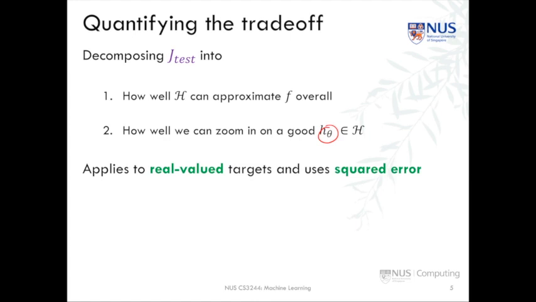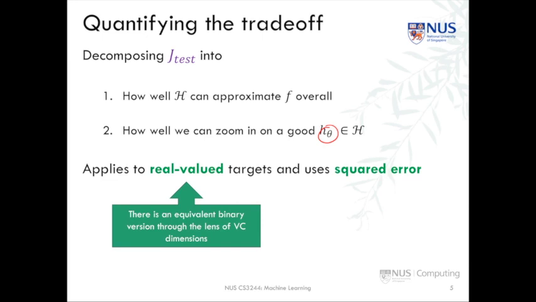Now, this analysis applies to real value targets, and to make the mathematical notation easier, it uses squared error. It doesn't directly apply to binary classification as we've done in parts of our course, but there's an equivalent binary version that you can derive through the lens of another form of this trade-off analysis, which is more common to SVM theory, which we'll touch upon later on in the course.